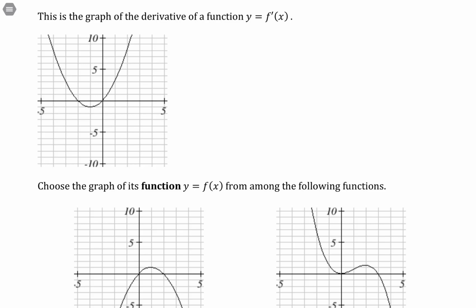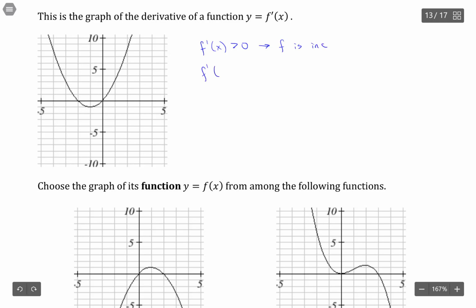So in order to do this, let's see. We're going to pay attention to basic principles. The first is that whenever a derivative is greater than 0, that tells me the original function is increasing.